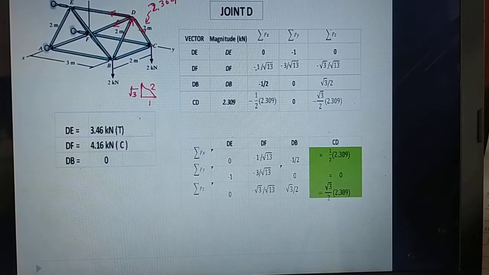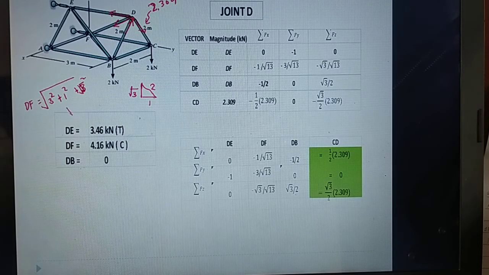This is negative 1 over square root of 13 because the length DF equals 3 squared plus 1 squared plus square root of 3 squared.